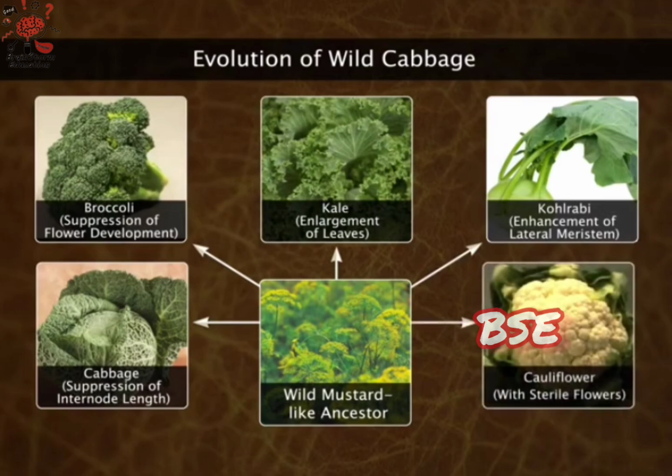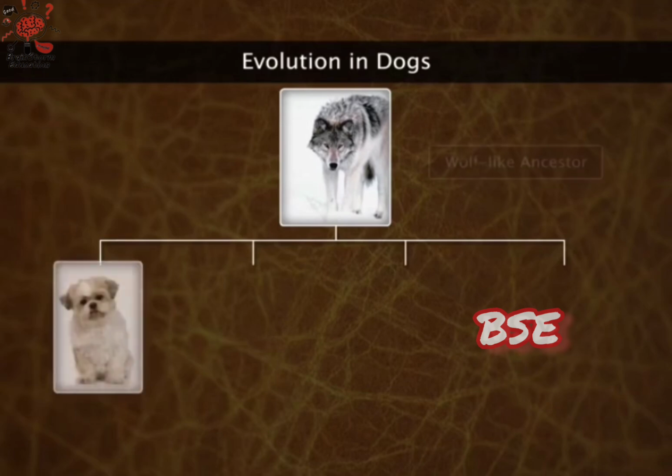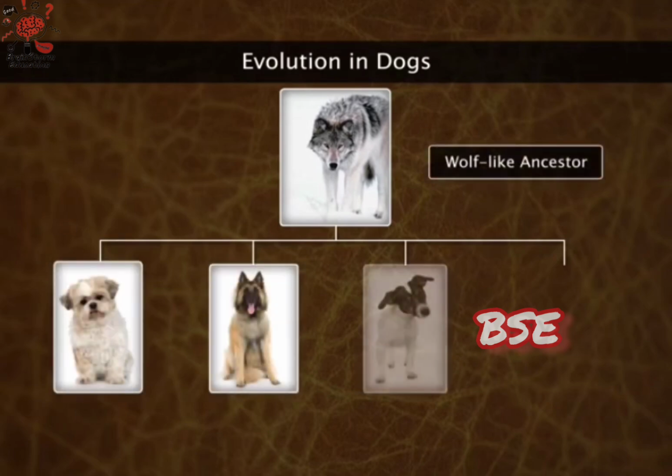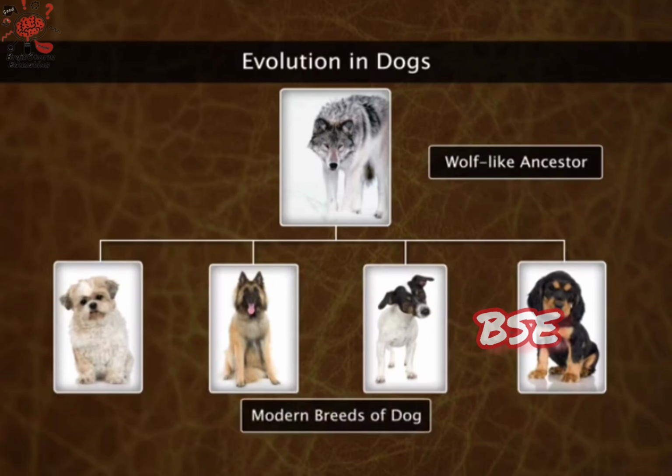By selecting different traits, breeders have obtained different vegetables. All present-day dog breeds belong to the same species that evolved from a wolf-like ancestor. Human beings have artificially selected certain traits over many generations to produce these modern breeds.